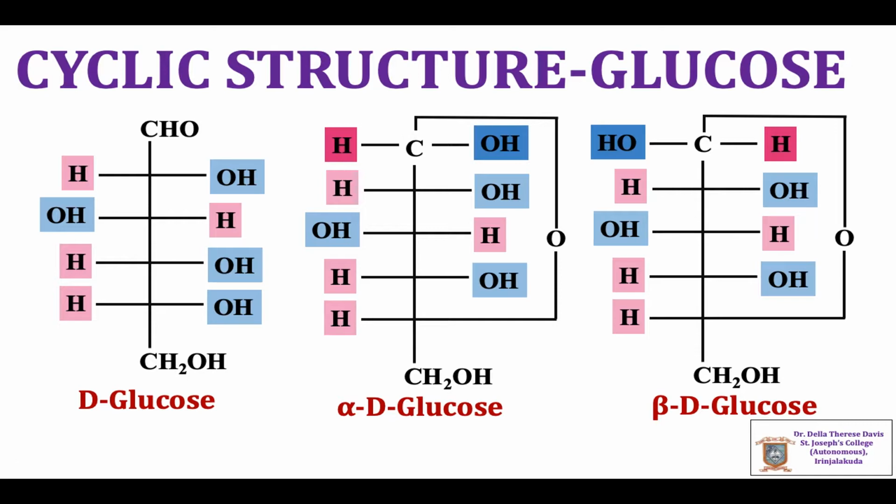So it can have two different configurations, with OH on the right side or OH on the left side. The first one is called the alpha isomer or alpha D-glucose, and the other one is called beta D-glucose.